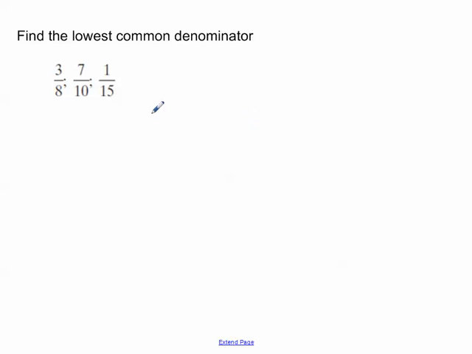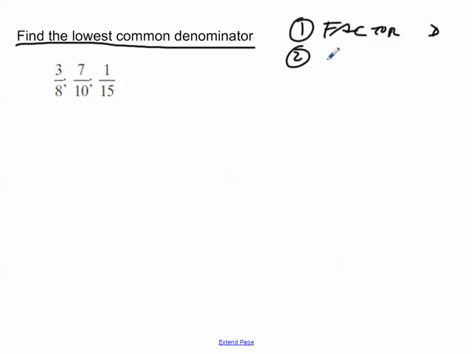Let's look at this one because we can do this, I think, pretty quickly. If we find our lowest common denominator, again, what are our instructions? Find the lowest common denominator. All right, well, number 1, factor our denominator. Step number 2, find our lowest common denominator. It includes every single factor from every single denominator raised to the highest power.